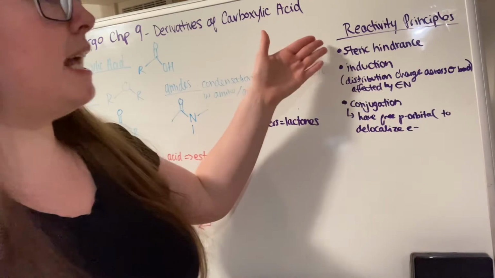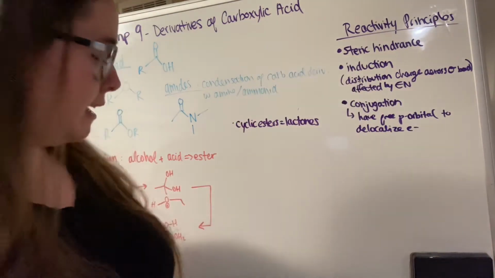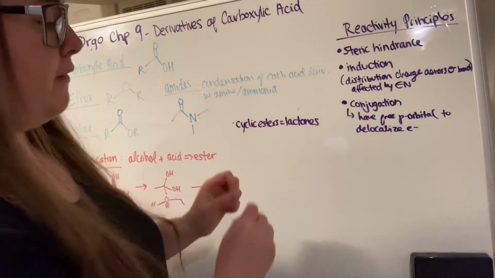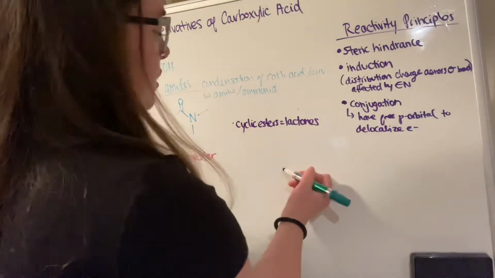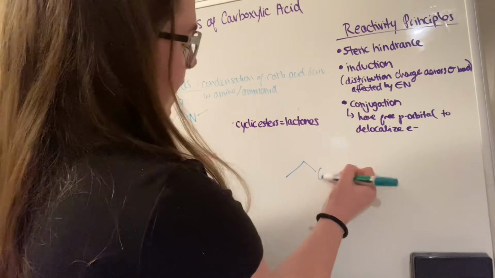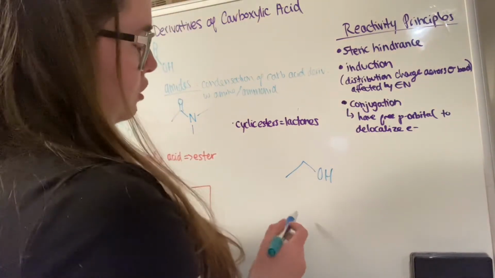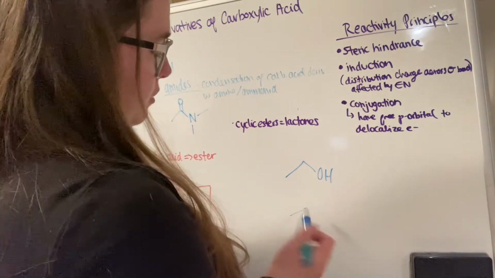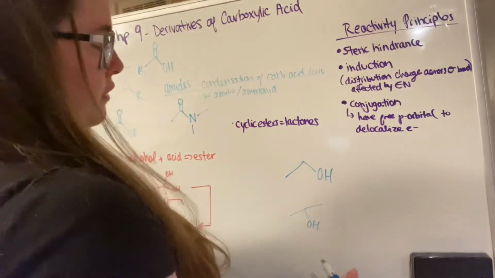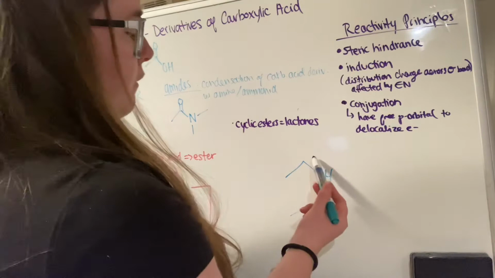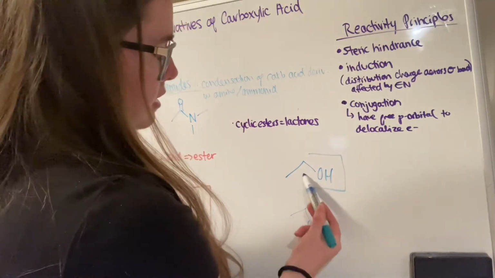So we have steric hindrance, which will play a role in reactivity. So if you're trying to react with this OH compared to this OH, for example, you have all of this space to attack, right?